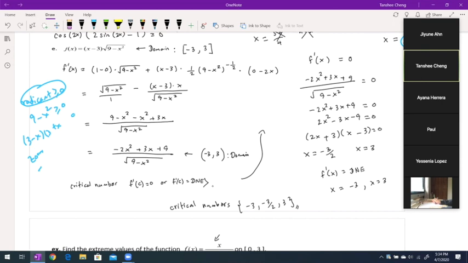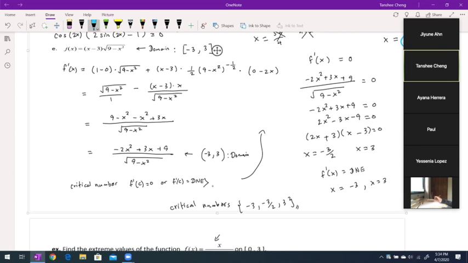So from now, we know what the domain of the function is. Now we can start taking the derivatives of the function so that we can talk about the critical numbers. So taking derivatives using the product rule, derivative of the first factor times the second factor, plus the first factor times derivative of the second factor.